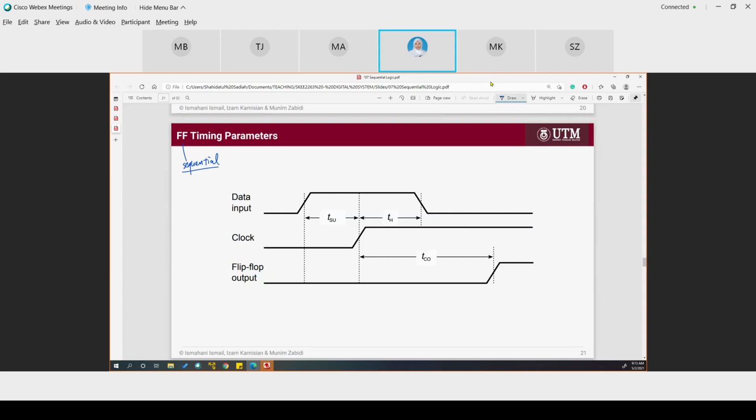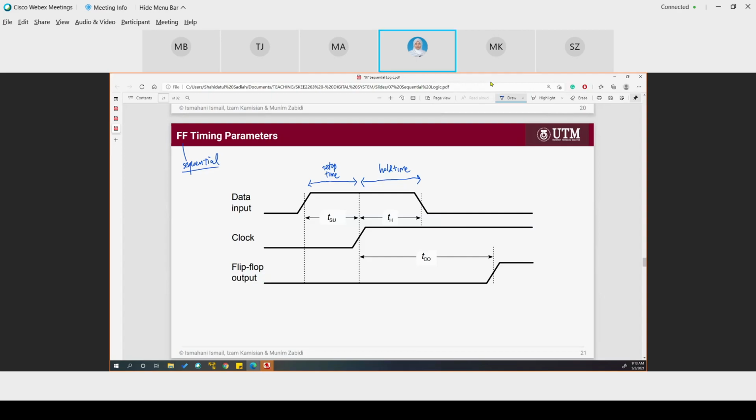Okay, so the data input has the setup time. This is what we call the setup time, and the hold time. And then we have the output time here.